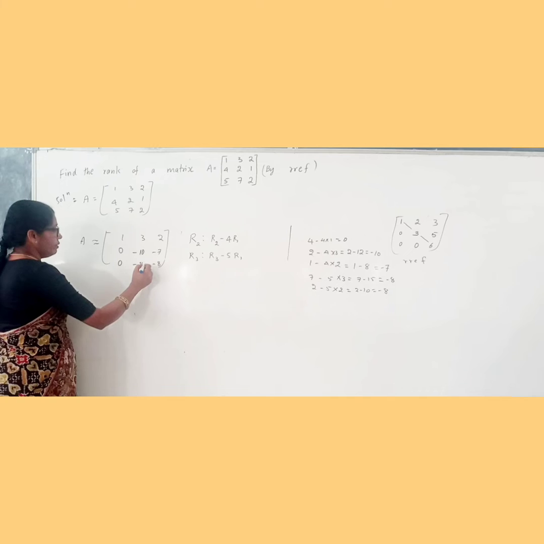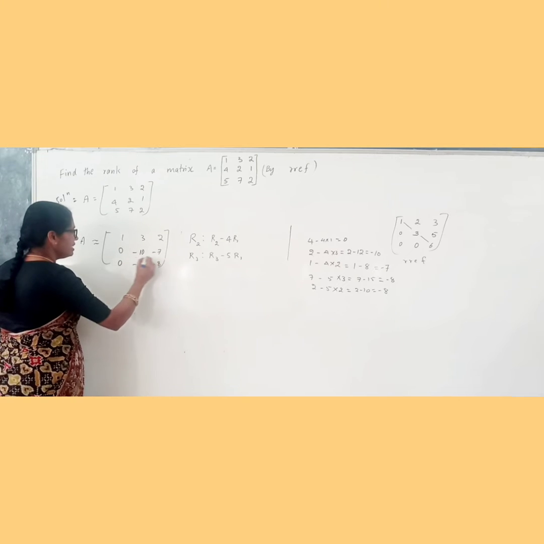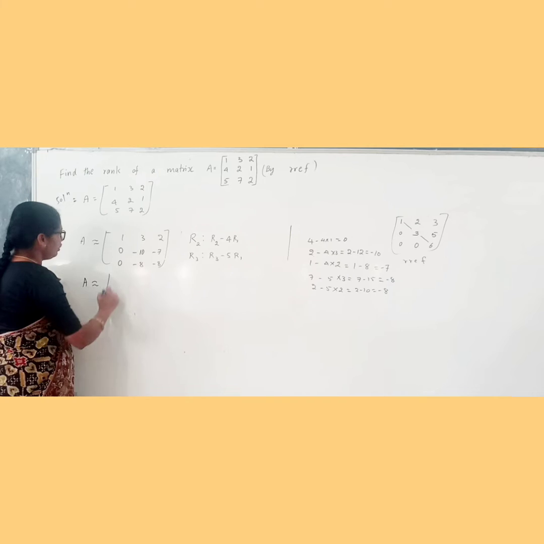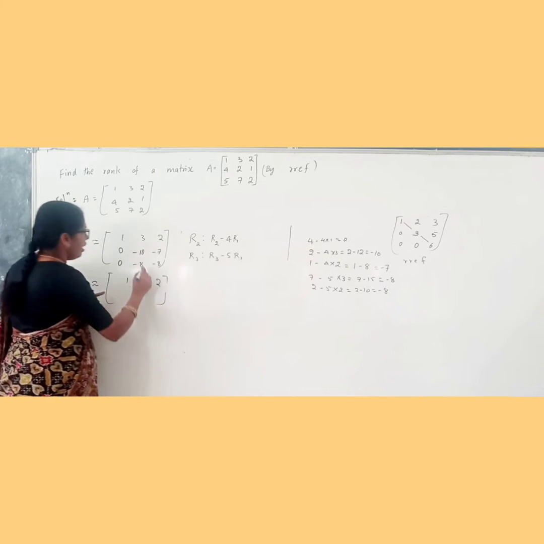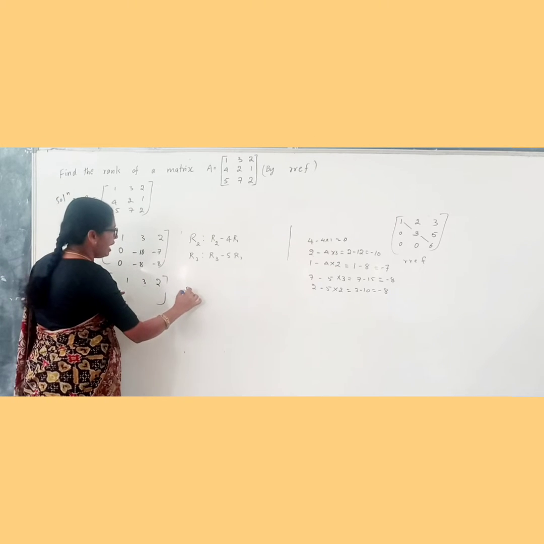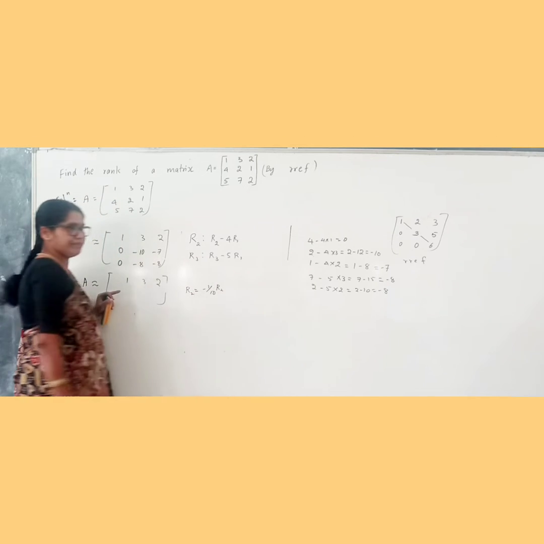Now further we must make this 0. To make this 0, first let me make this 1. So you will get A is equivalent to 1, 3, 2, and the second row I am making this 1. So it is R2 = minus 1 by 10 R2 I will take.